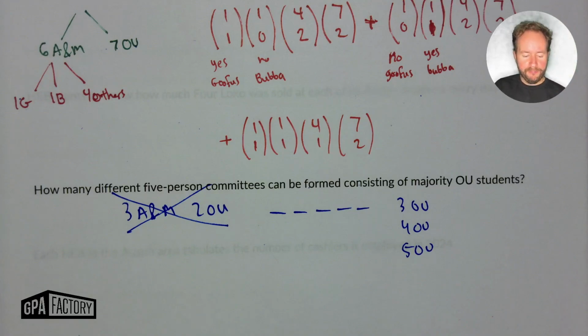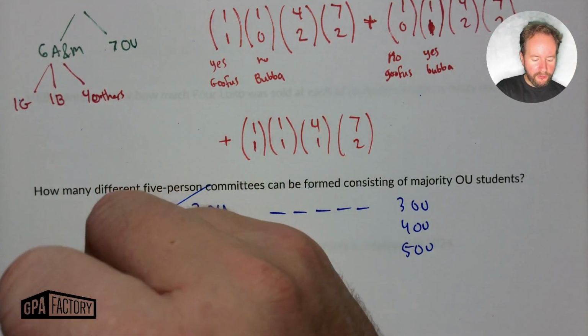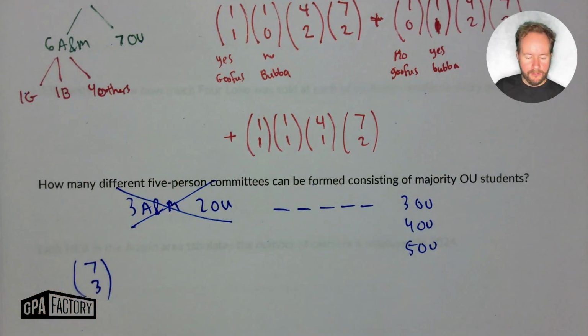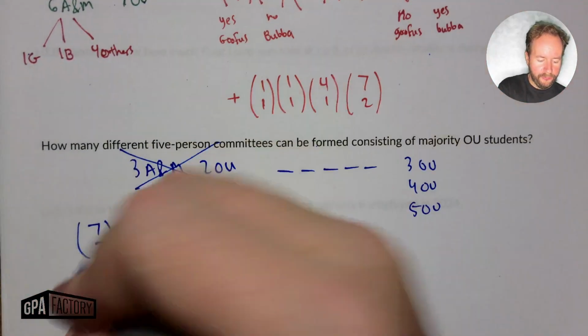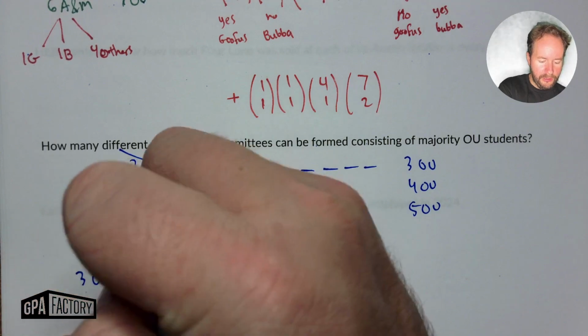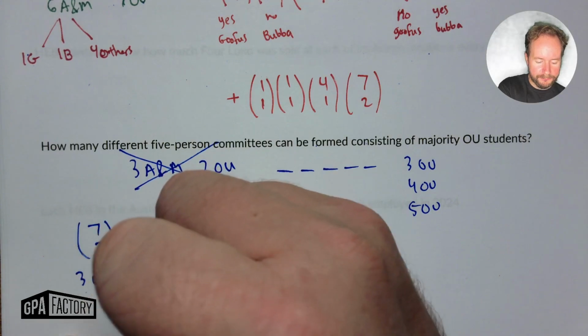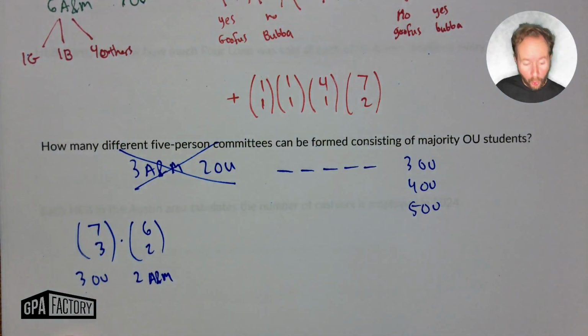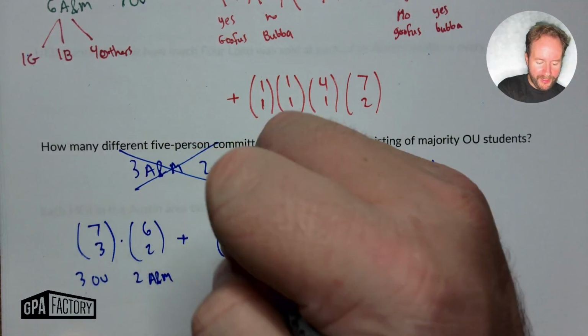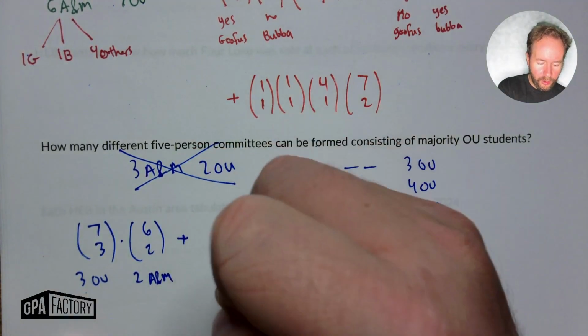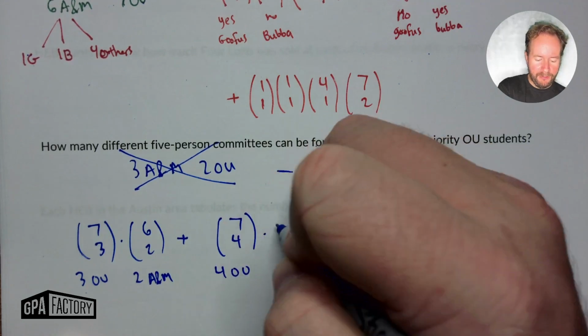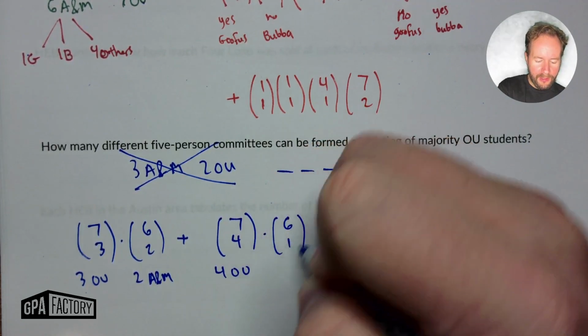So how's that possible? Well, we get 7 OU students choosing 3. Say 3 OU students. And then times 6 choose 2, so we get 2 A&M. Or, so we'll put plus, or we get 4 OU students, but then that means we only have 1 A&M student.